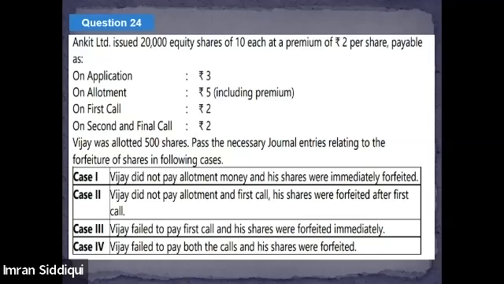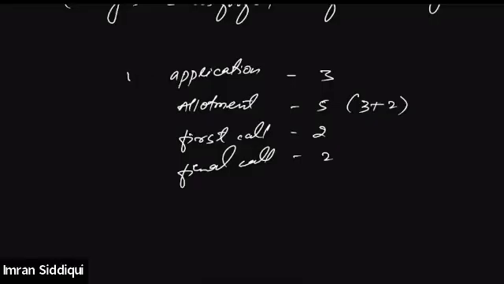But tell me, when the shares were forfeited, as soon as Vijay did not pay the allotment money, his shares were forfeited immediately. That means the application was due and he paid it. Allotment was made due, but he did not pay for the allotment.